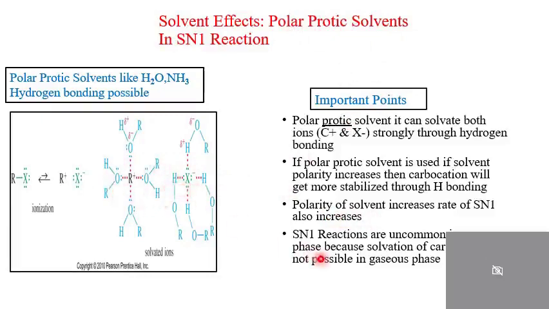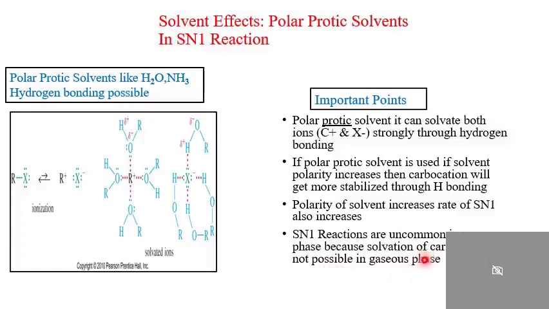Now, in the case of the gaseous phase, what is happening? SN1 reactions are uncommon in the gaseous phase. Why? Because in the gaseous phase there is no solvent, there is no hydrogen bonding. Therefore, solvation of the cation is not possible in the gaseous state, and therefore SN1 mechanisms are always uncommon in the gaseous phase.